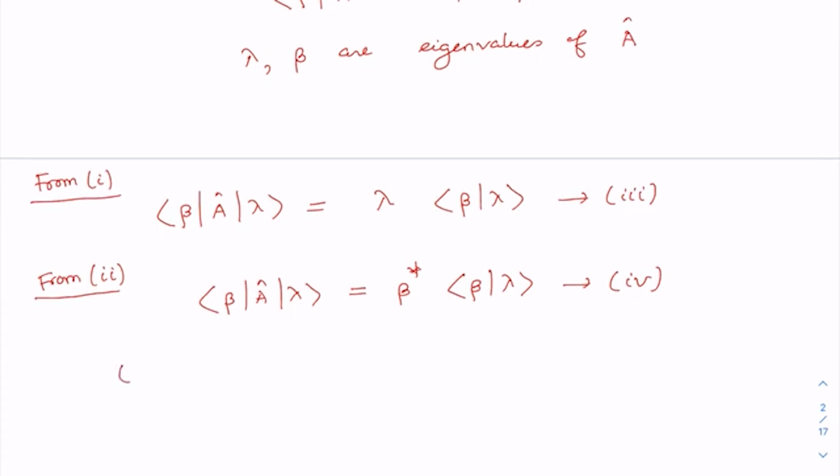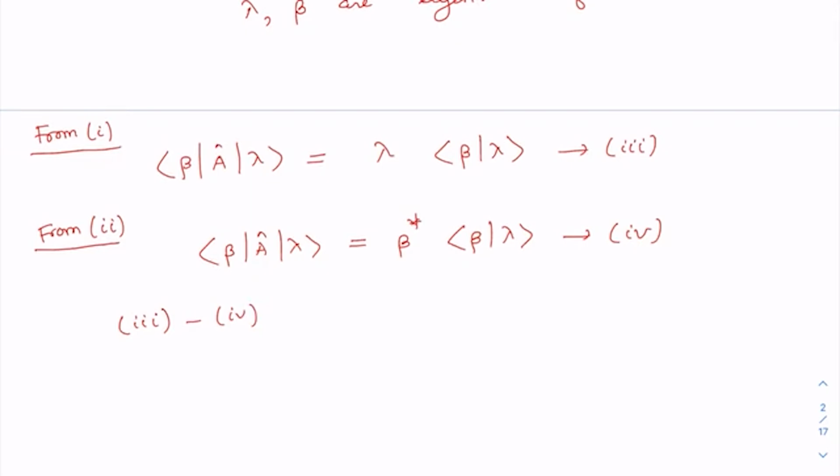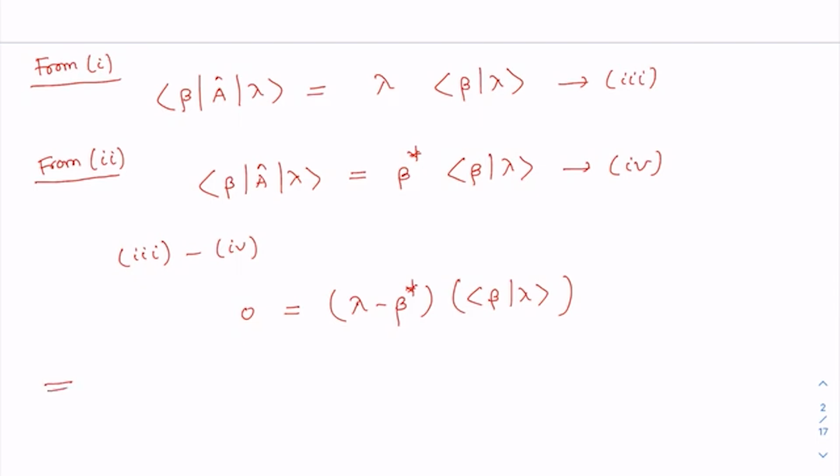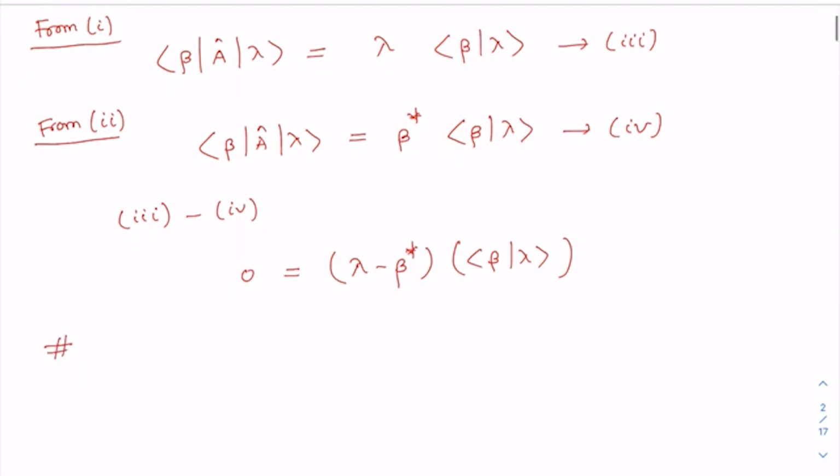Now if I subtract equation 4 from 3, you will get 0 on the left hand side, and I will have (λ − β*) times the scalar product of λ and β. Now let me consider two cases.